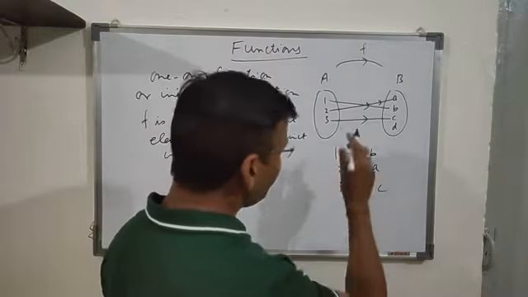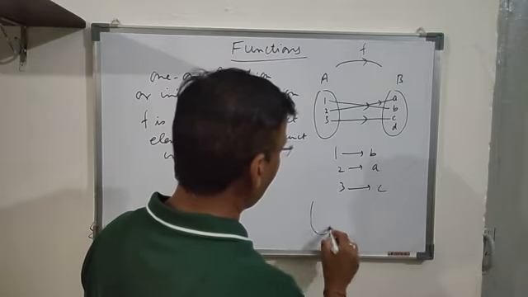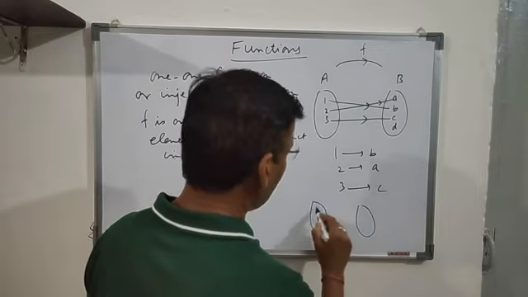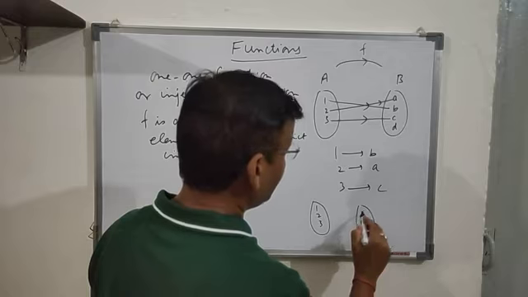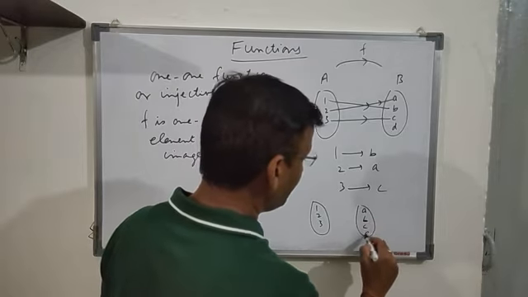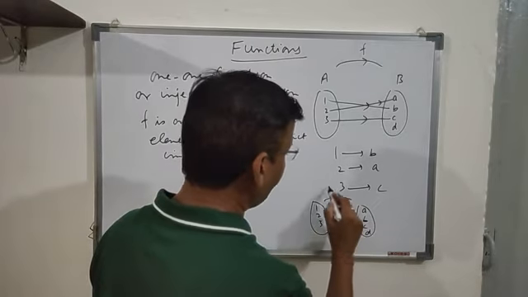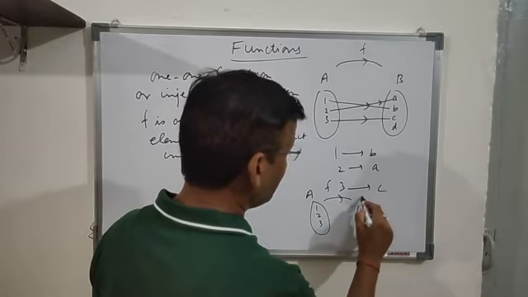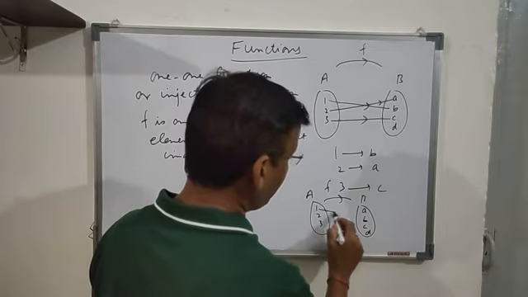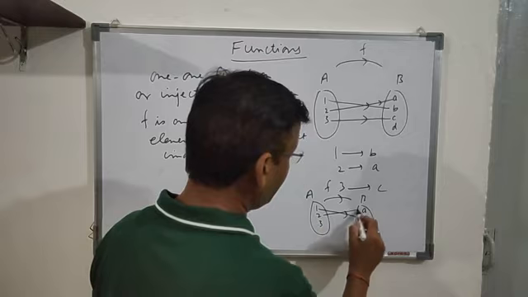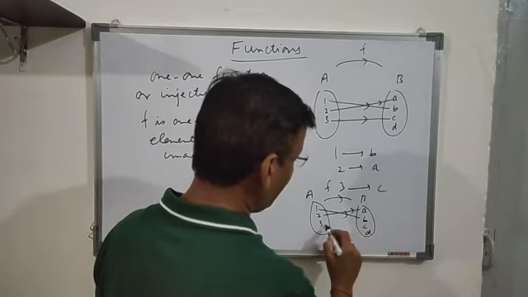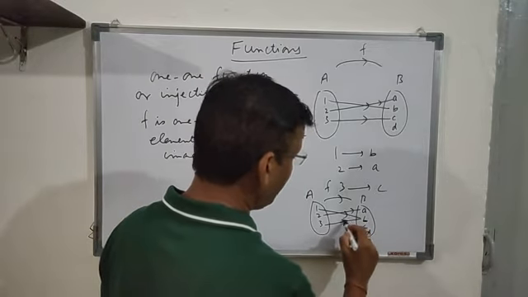Now, if I change the example here, it can be this way also. If I take 1, 2, 3 and A, B, C, D, and take f as a function from A to B, with 1 having the image B, 2 having the image A, and 3 having the image B. Is it a function?